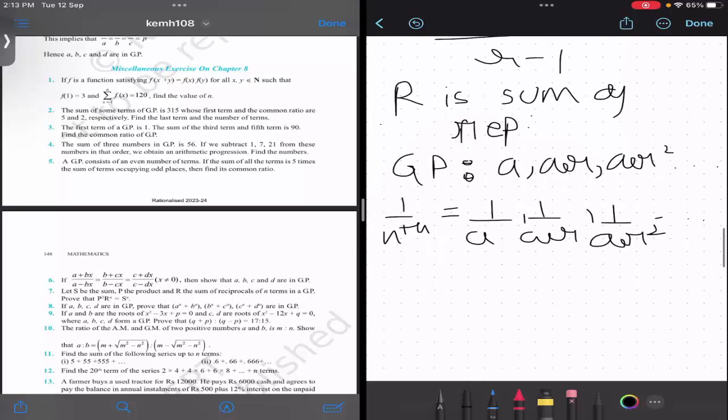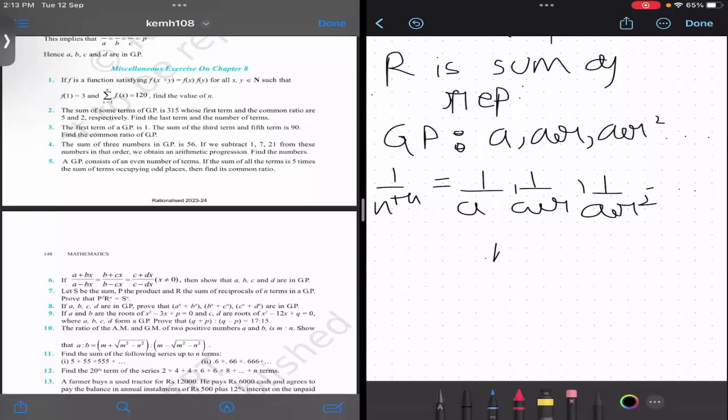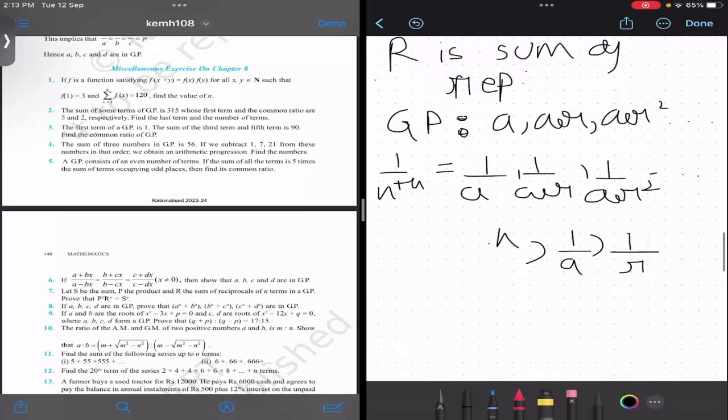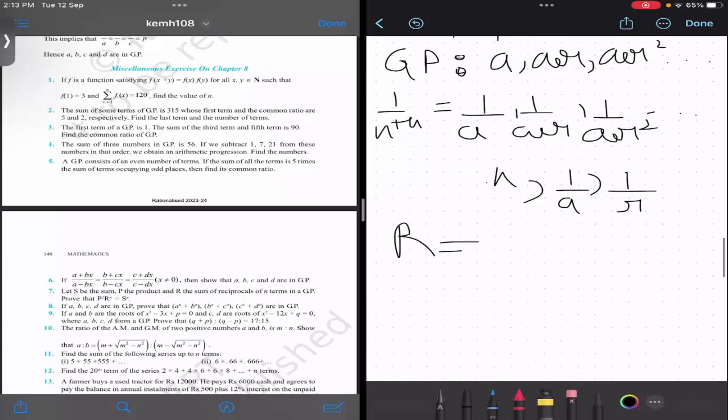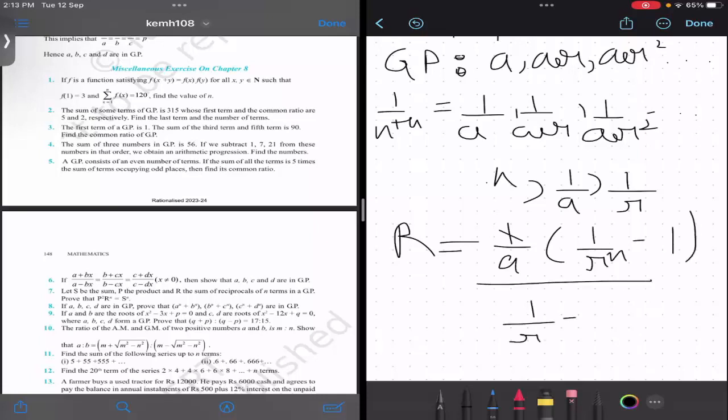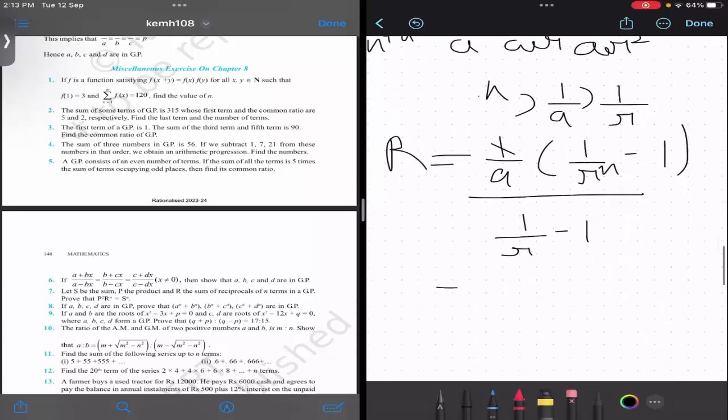In this particular GP, again, the number of terms is n. The first term is 1 upon a, and the common ratio is 1 upon r. Therefore, R, or the summation of reciprocals of this GP, would be 1 upon a into bracket, 1 upon r raised to power n minus 1, and here you would have 1 upon r minus 1. Correct? Simplifying this, you would now have 1 upon r raised to power n.